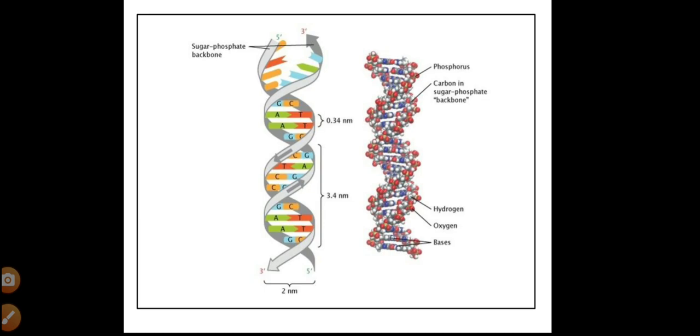Okay, and one more important feature is the complementary nature of DNA. Only because of this complementary nature of these oppositely, parallelly running strands, they can store the genetic information as well as easily transmit the genetic information.